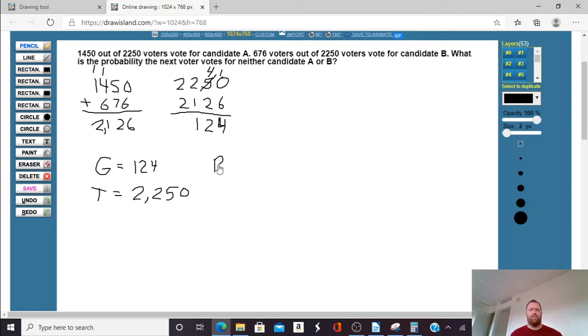So we'll say the probability of neither A nor B is going to equal the 124 that didn't vote for A or B out of 2,250.